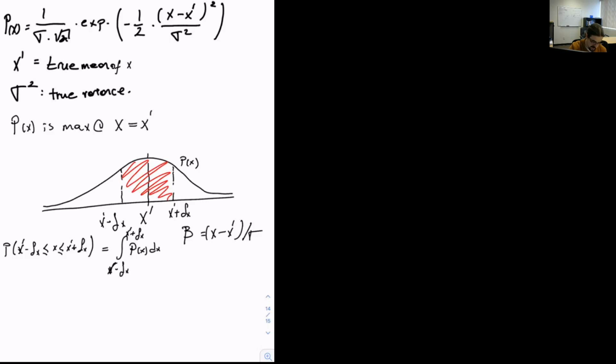Z1 we define as the interval that we are looking at, dx over sigma, which is also equal to x1 minus x naught over sigma. The names for these are: this is called the standardized normal covariate, and that is called the interval.